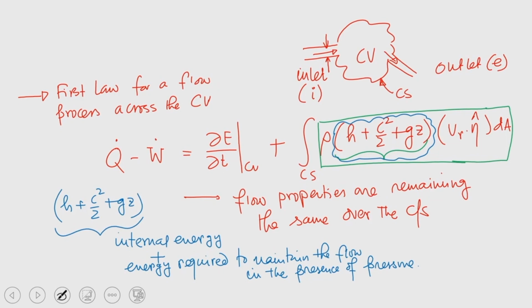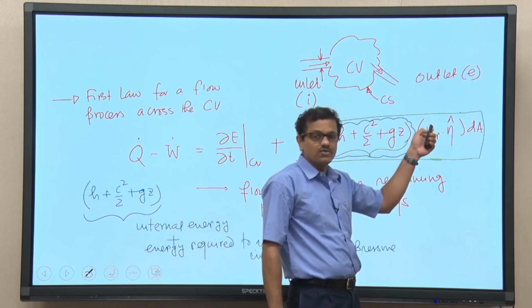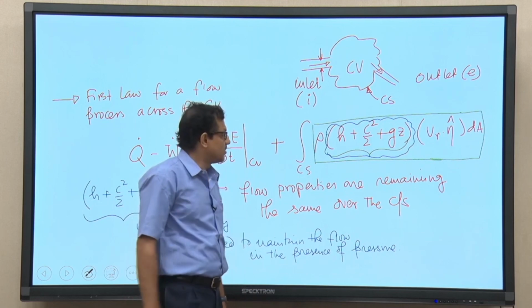Vr dot eta cap is positive for the outflow or at the exit, and Vr dot eta cap is negative at the inlet, because eta cap is a normal pointing outwards from the control surface. So, the dot product will be negative for the inlet and positive for the outlet.